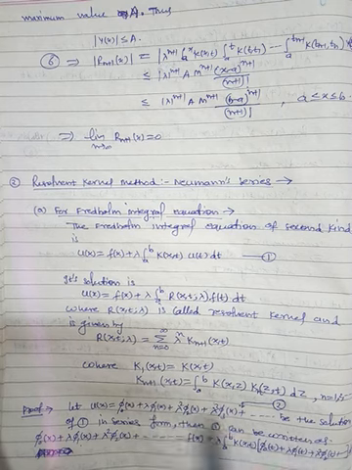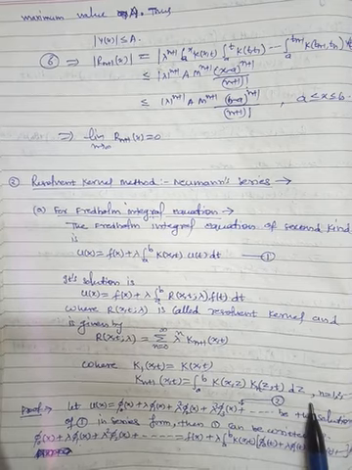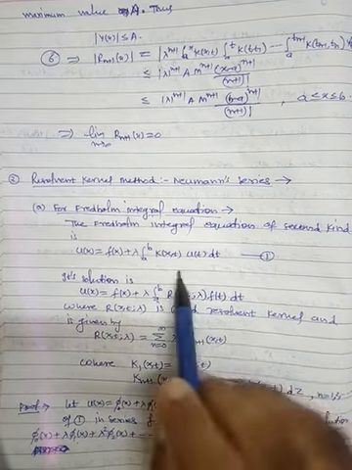This is the iterated kernel. So the resolvent kernel in terms of the iterated kernel is given by this, where K_{n+1} is given by this. Here n varies over 1, 2, 3 and so on. This is equation number 2, this is equation number 1.